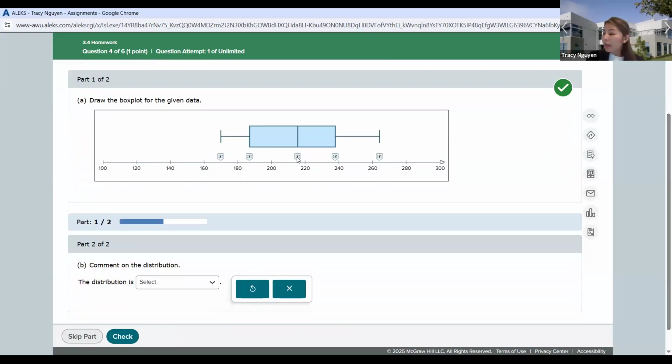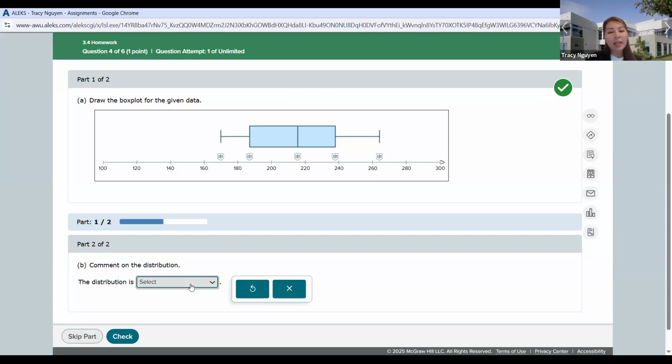We look at the distance from the median to the minimum value. 215.5 minus the minimum value of 170 gives 45.5, versus the maximum value of 264 minus 215.5, which gives 48.5. So very much similar.